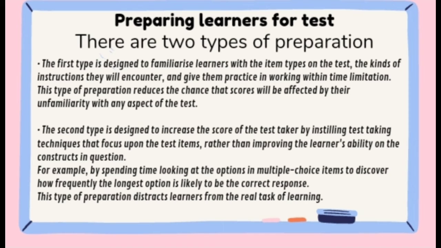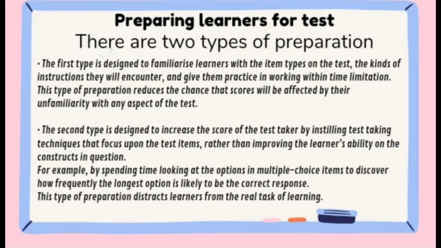test. The second type is designed to increase the scores of the test taker by instilling test-taking techniques that focus upon the test item, rather than improving the learner's ability in the construct in question.